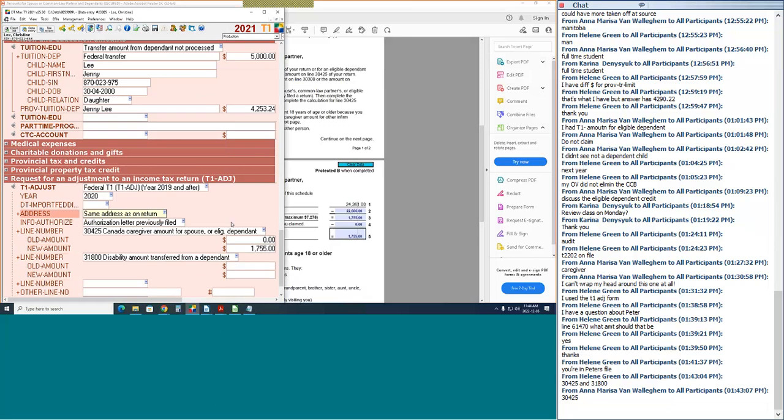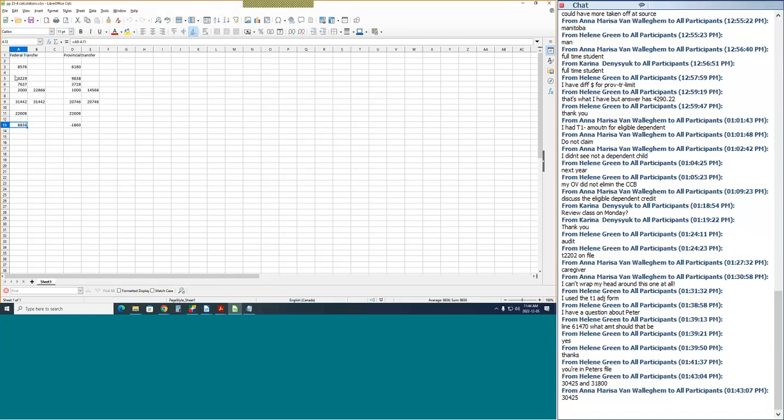$31800. Excellent. Again, it's going to ask for the old amount, which is 0. What's the new amount? $8576, because she can transfer the max.